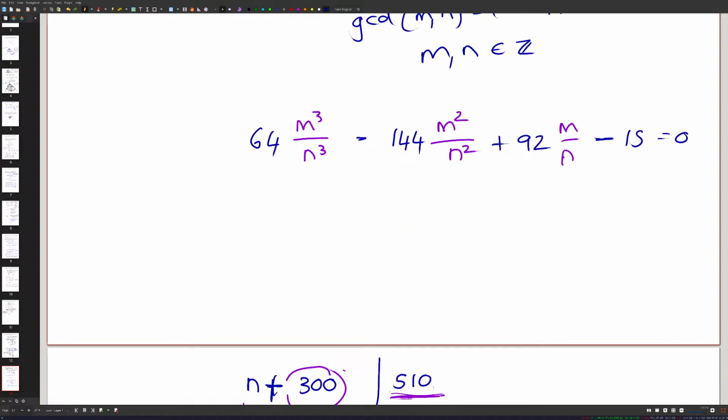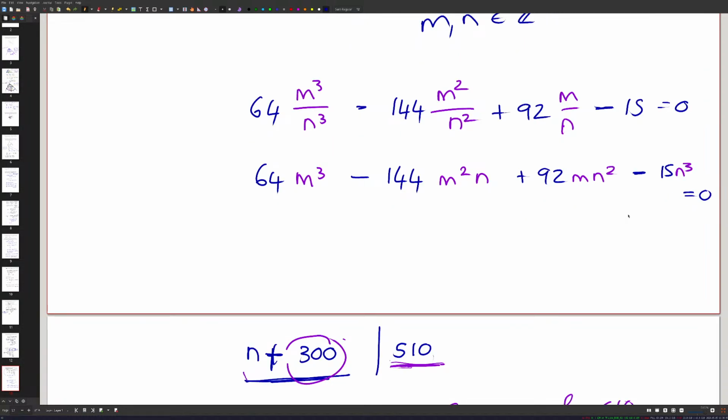Now let's multiply by n cubed to get rid of all of the denominators. And so we're going to have 64 m cubed minus 144 m squared n plus 92 mn squared minus 15 n cubed is 0.